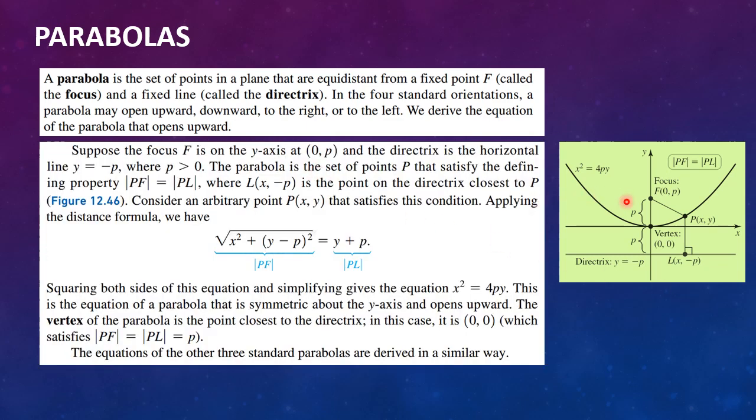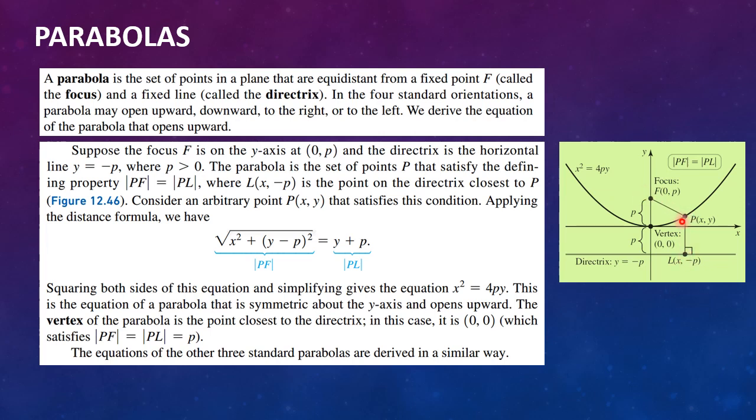Suppose the focus F is on the y-axis at (0, p), and the directrix is the horizontal line y equals negative p, where p is greater than 0. The parabola is the set of points that satisfy the defining property that PF, the distance from the focus to the parabola, is the same as PL, the distance from a point on the parabola to the directrix.